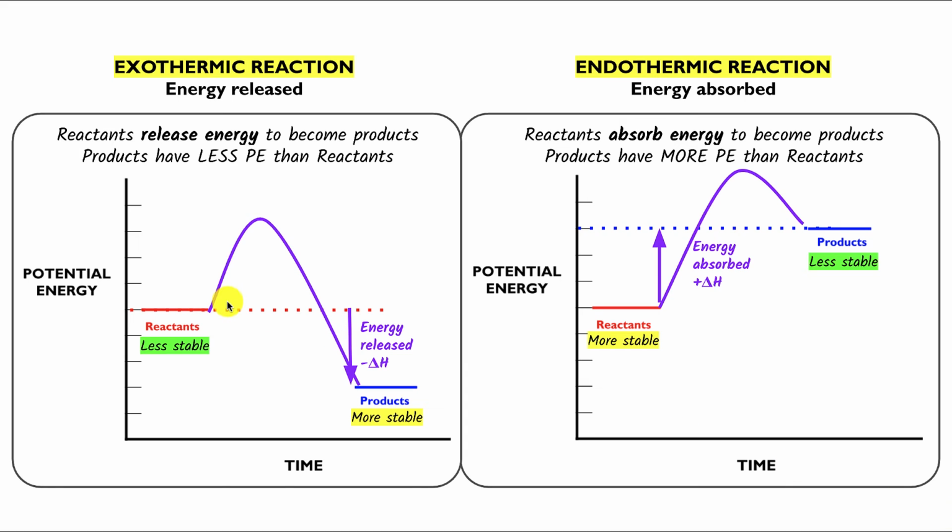Right? You still ultimately are moving down to get from reactants to products. Notice how that is different than the endothermic reaction, where you move up to get up the activation energy hump, and then you stop and finish at a point that is still higher on the y-axis than the potential energy of your reactants.